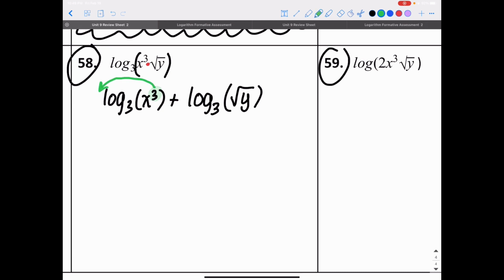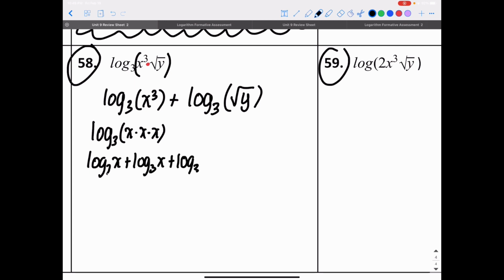Another way that you could think about that is if you can't remember that property, you need only a single factor by itself inside. This is actually log base 3 of x times x times x. I can break that down into log base 3 of x plus log base 3 of x plus log base 3 of x.